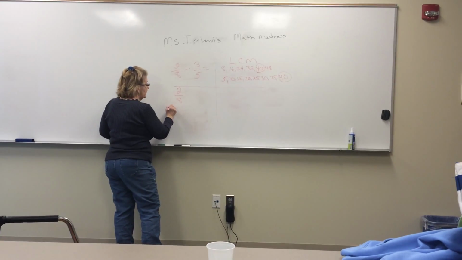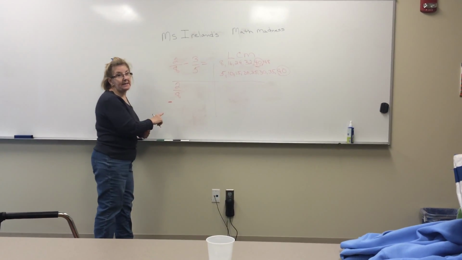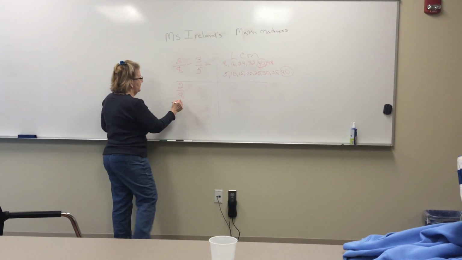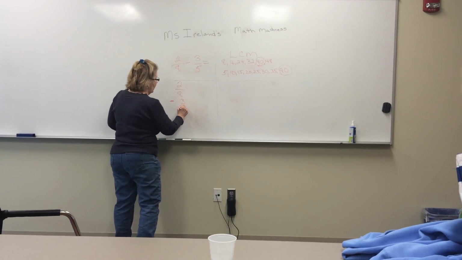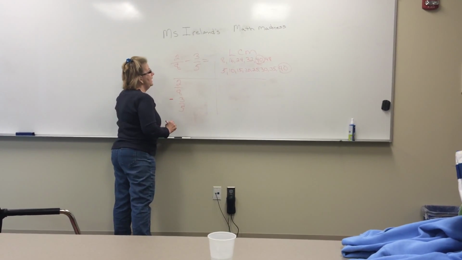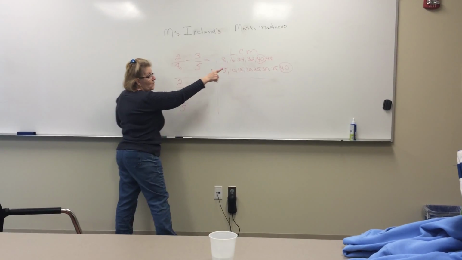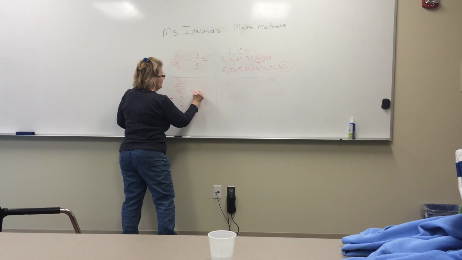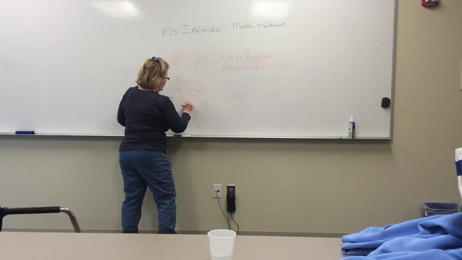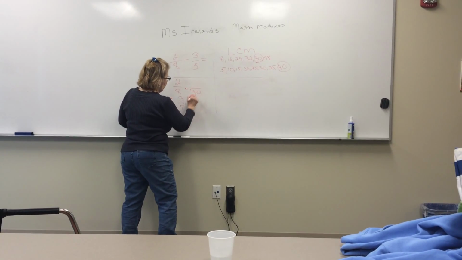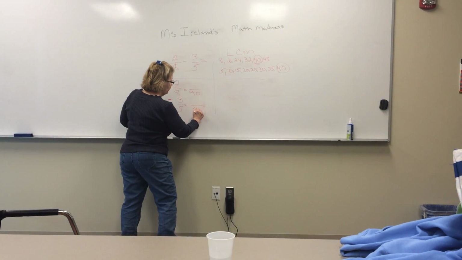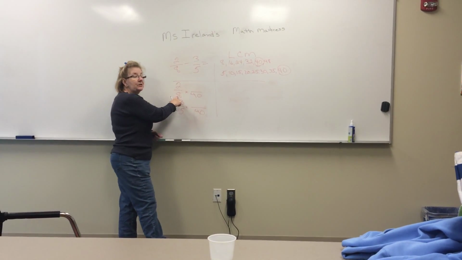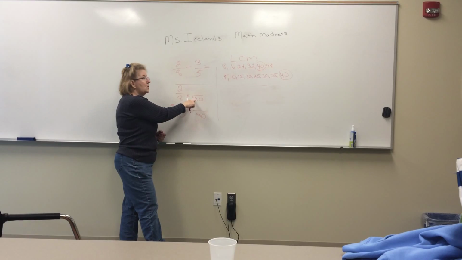2/8 minus, all right, don't forget we're minusing now, we're not adding, okay? 3/5. Now, we said that 40 was the least common multiple of both of these, okay? So we're doing everything still the same like we did with adding. What did we do to this 8 to get 40?